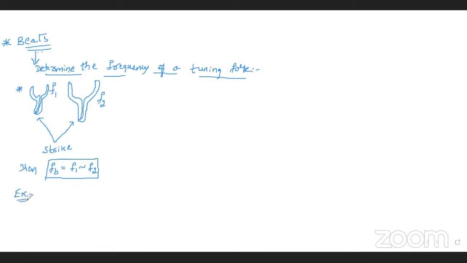For example, I'm going to give one tuning fork like this. The frequency of this tuning fork is 100 Hertz. There is one more tuning fork, the frequency is 95 Hertz.